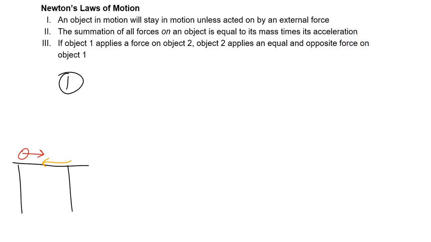In law number two, we have that the summation of all forces on an object is equal to its mass times acceleration. The way we denote this using equations is that the sigma, or the summation, of all forces equals mass times acceleration. So it's the sum of all forces. And remembering back to kinematics, we separate everything into the x and y components.